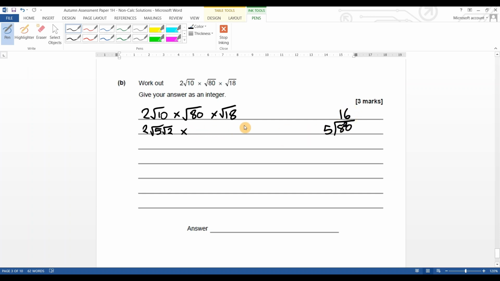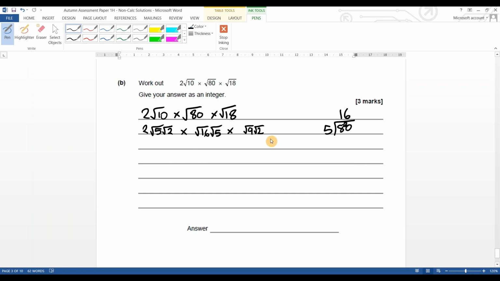So, you know what? I'm going to change root 80 into root 16, which can be simplified even further in a minute, and root 5. And what's the biggest square number that goes into 18? That's going to be 9. Yes, we can call that root 9 root 2.